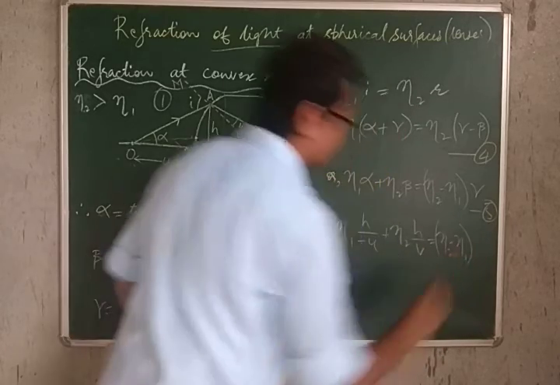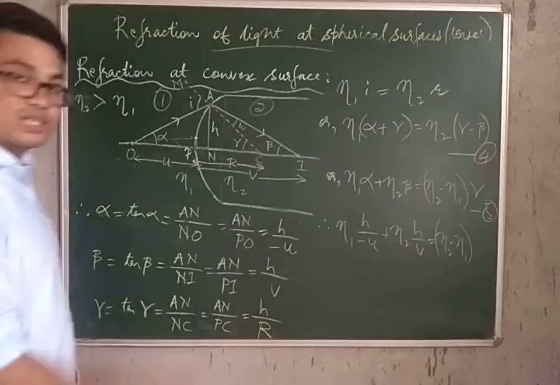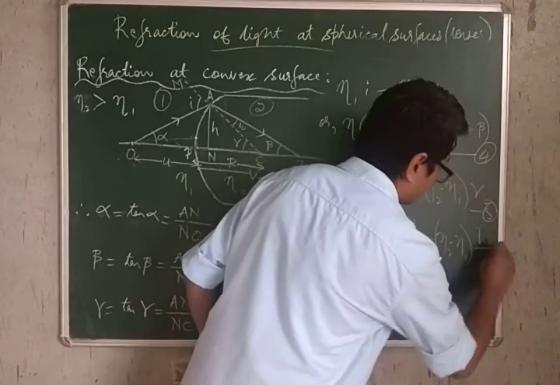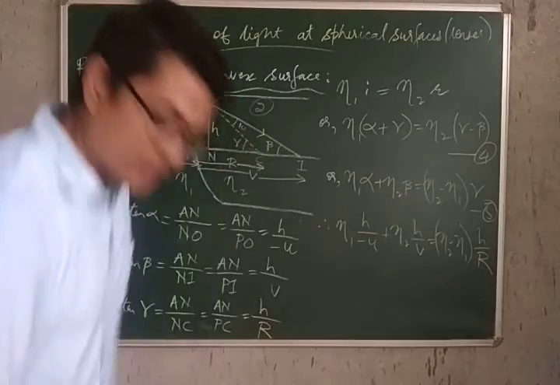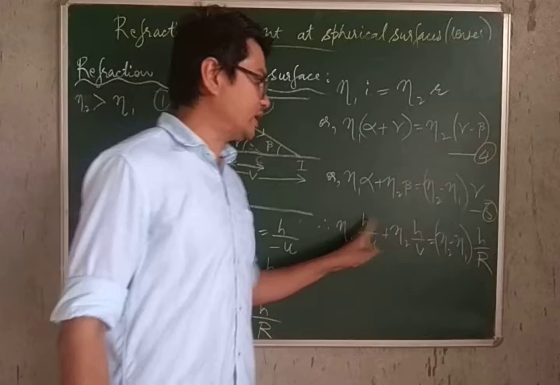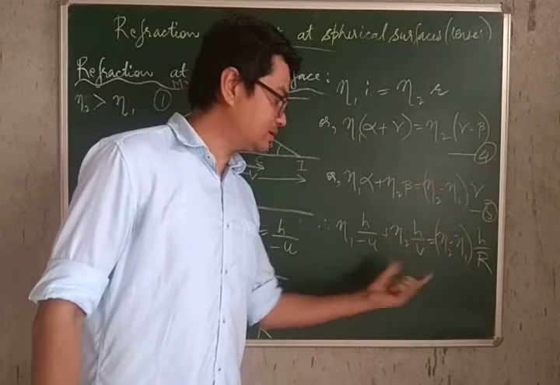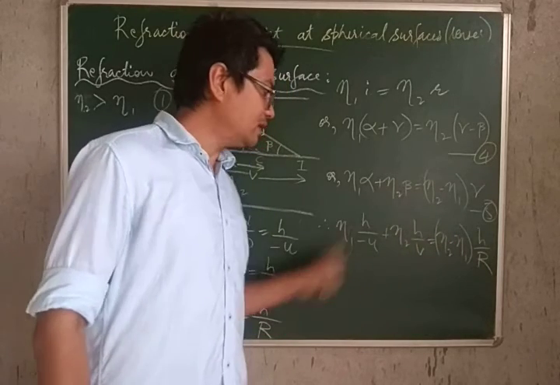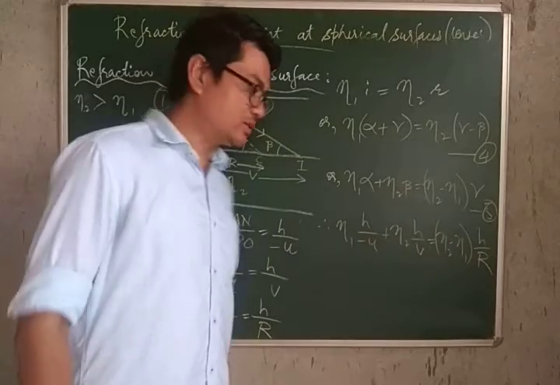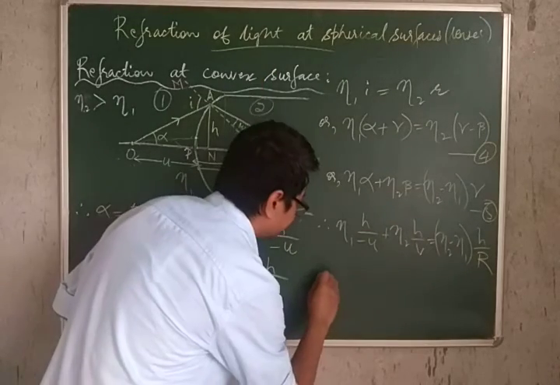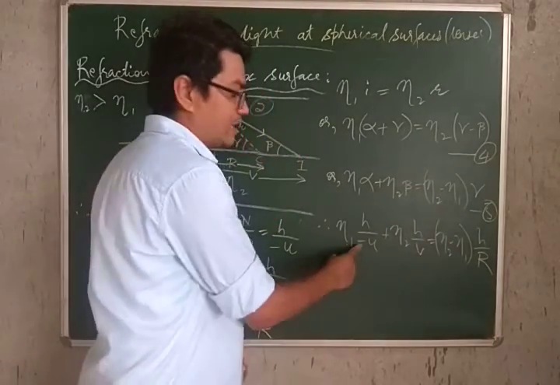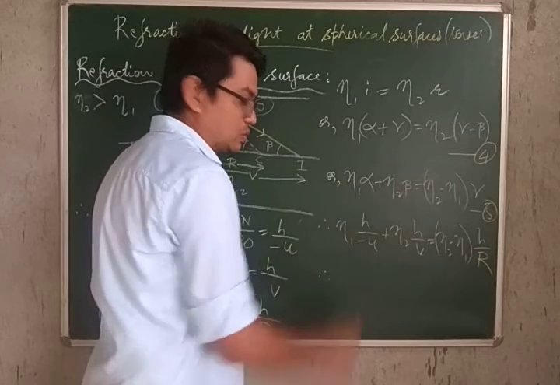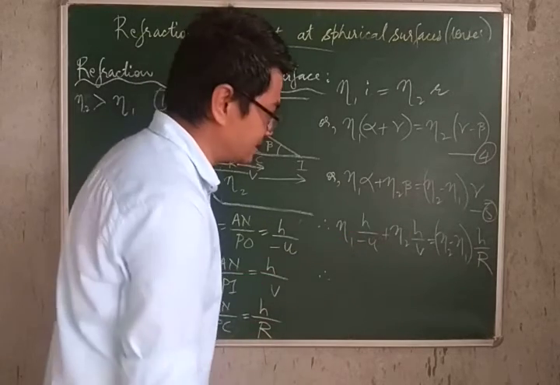We are almost done. What is gamma? Gamma is h by r. We can take out h common on both the sides, and the h on the left hand side divides the h on the right hand side.